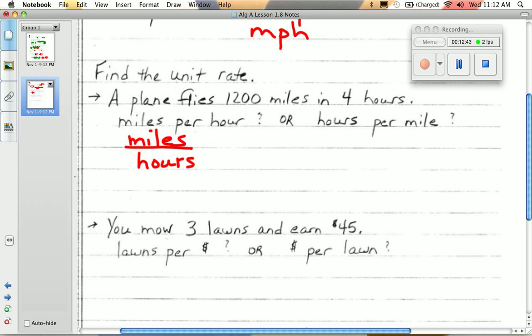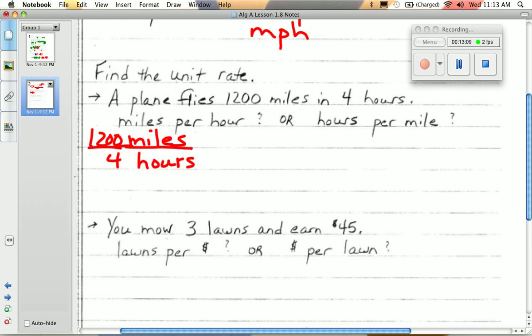The fraction bar can also stand for the word per. So the first decision you always have to make is which way makes more sense to set it up. You don't just haphazardly put those numbers in the problem and go to work. You want to make sense of it. So we need the 1,200 upstairs and the 4 downstairs.